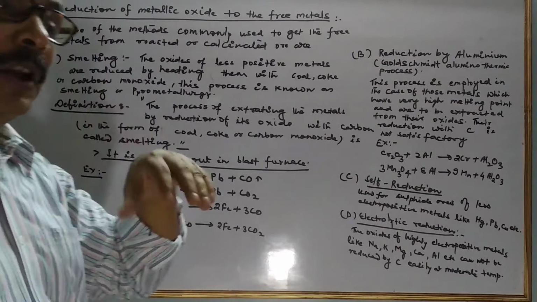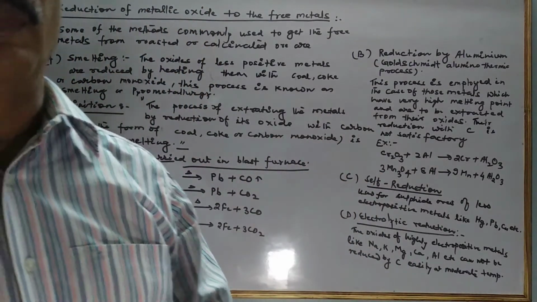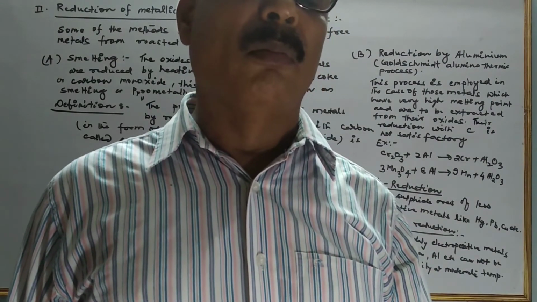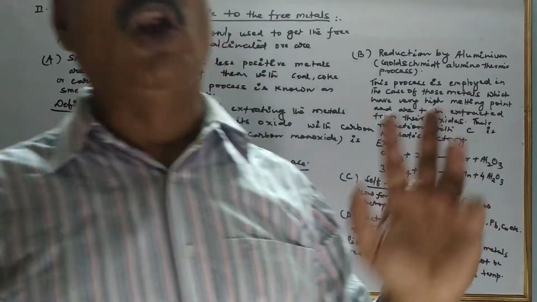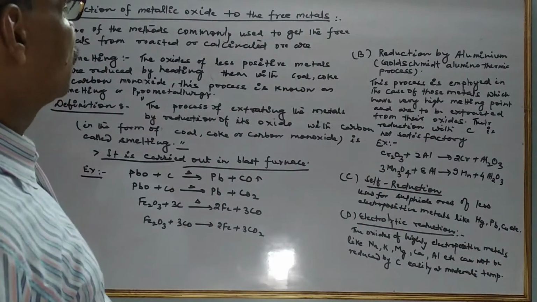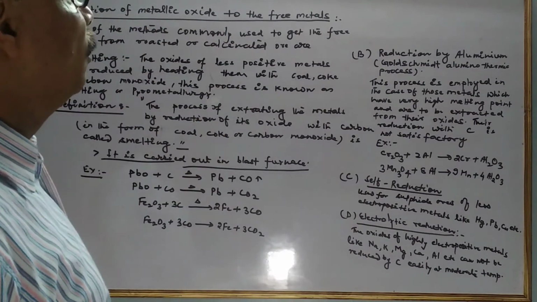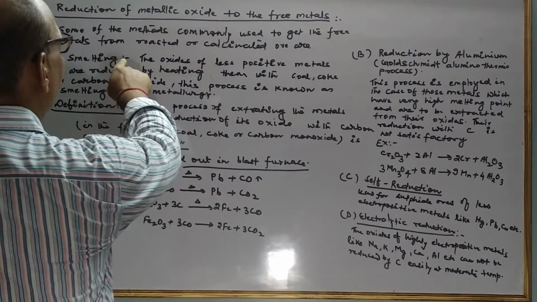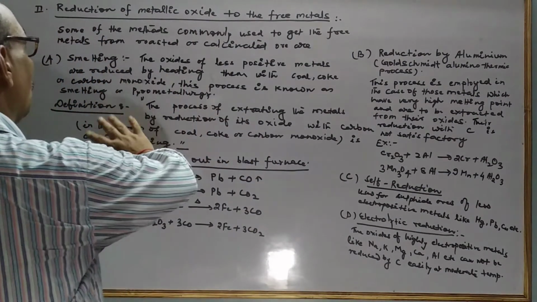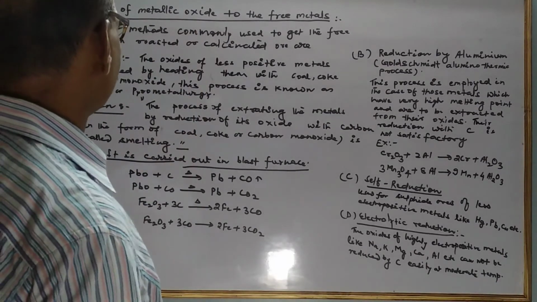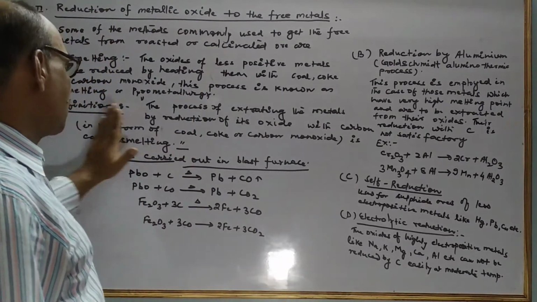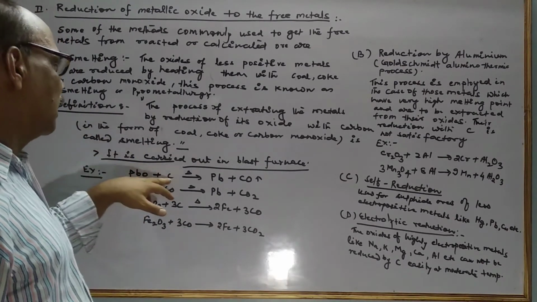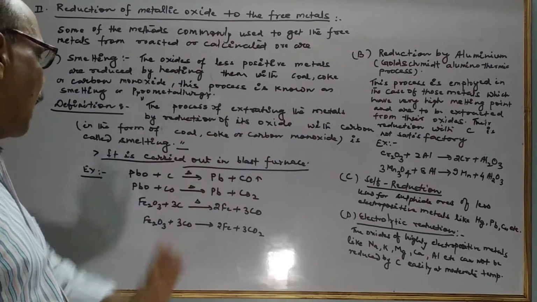Smelting is heating the metal oxide with carbon or carbon monoxide or aluminium. So reduction with carbon, carbon monoxide or aluminium on heating is called pyrometallurgy, and when we heat the oxide ore with carbon to a high temperature in presence of oxygen in a blast furnace, that is called smelting. And a smelting reaction, so you can see here, when lead oxide is heated with carbon, we get crude lead and carbon monoxide.